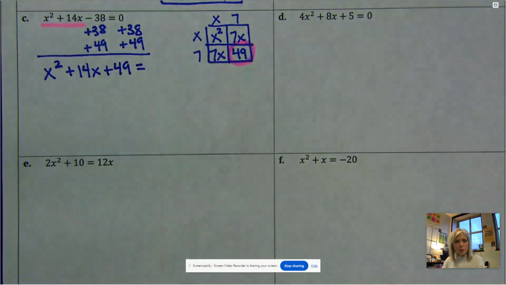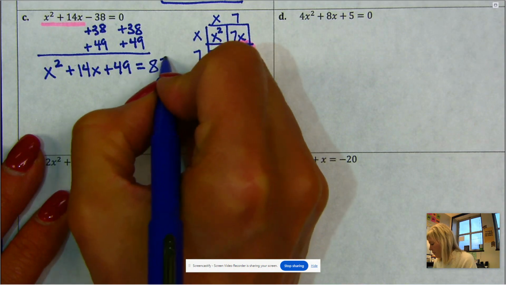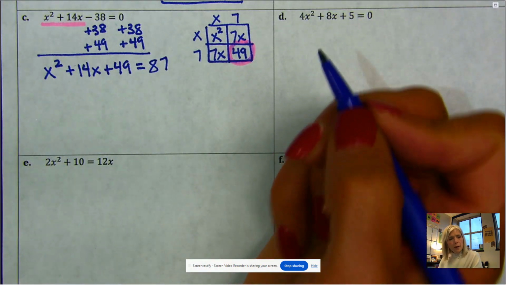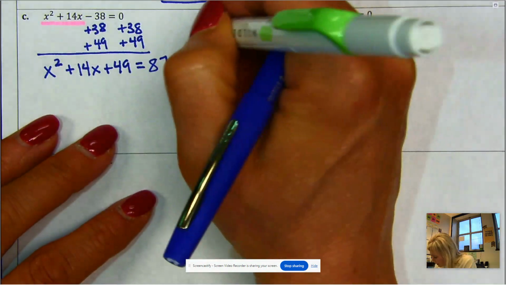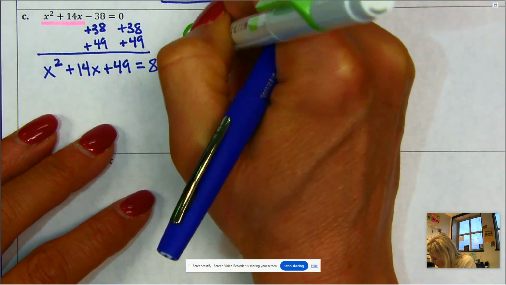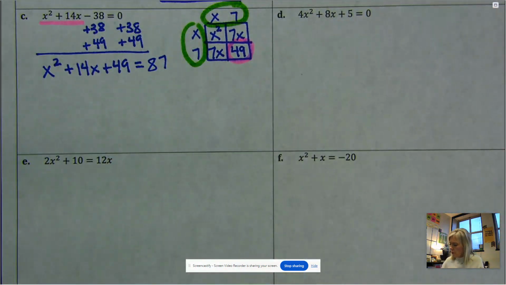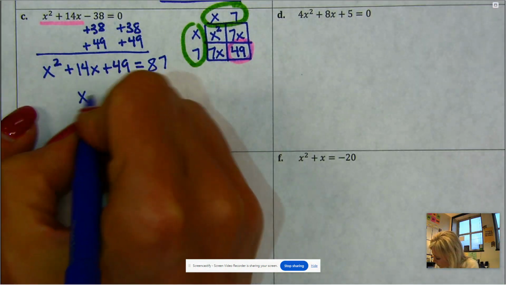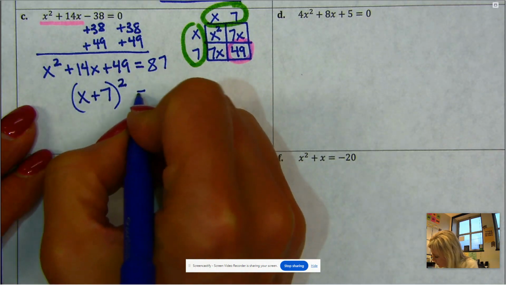And then I'm going to use my calculator for 38 plus 49. I get 87. Okay? And so now I'm going to rewrite the left side in factored form using x plus 7 times x plus 7, which is x plus 7 squared.